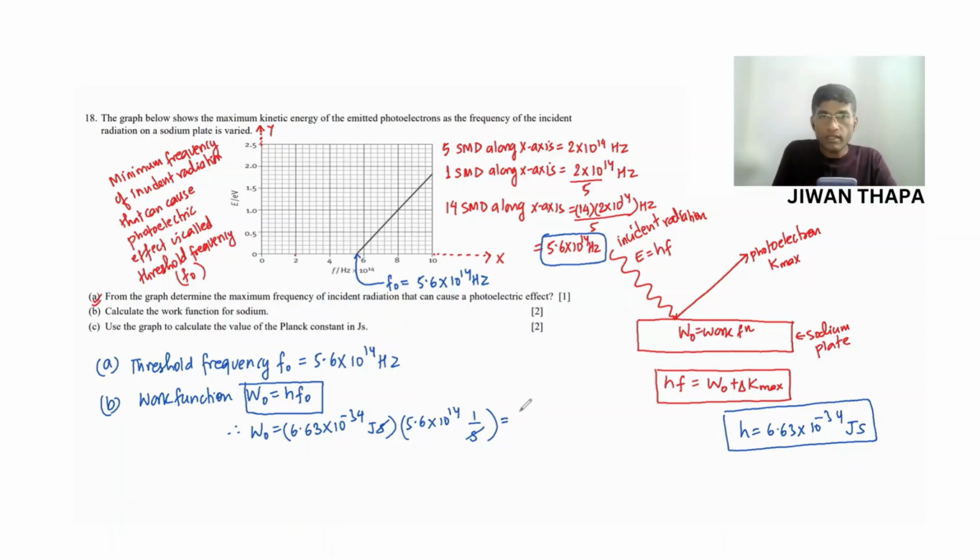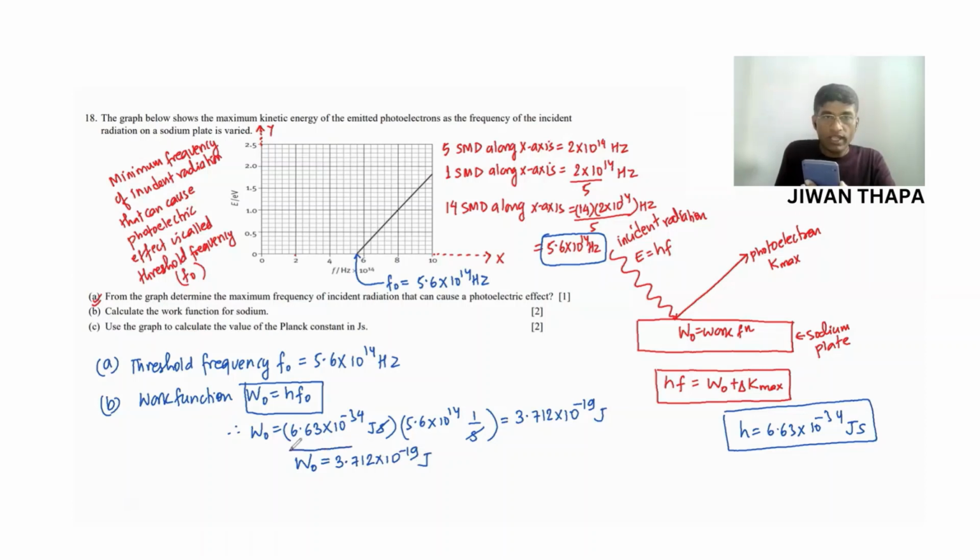So we get this, 3.712 into 10 to the power minus 19 joule. So we are getting W naught, that is work function, equals 3.712 into 10 to the power minus 19 joule.